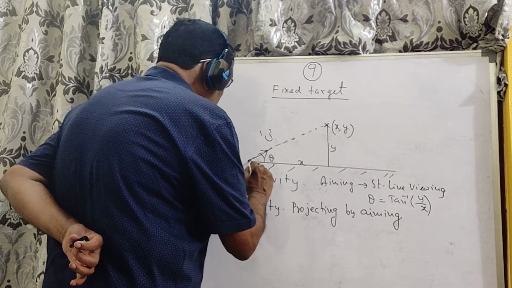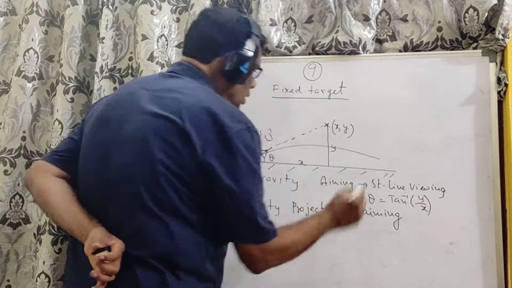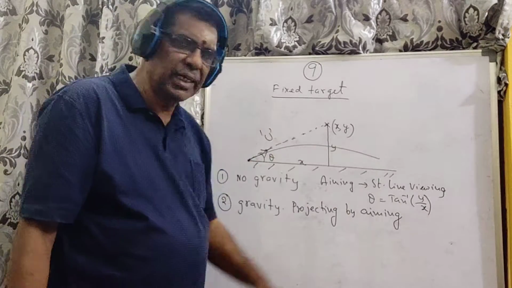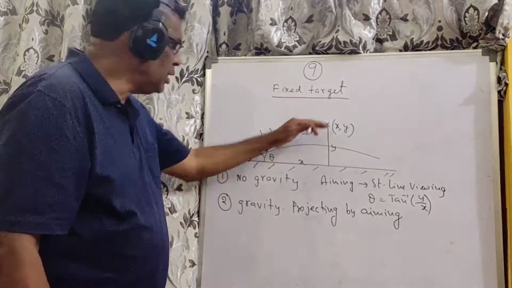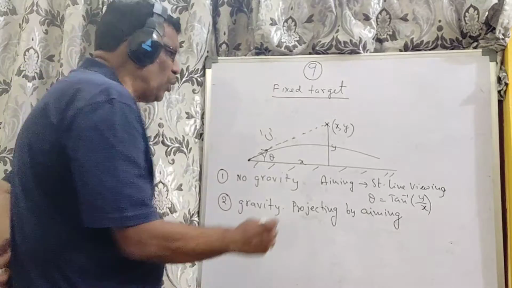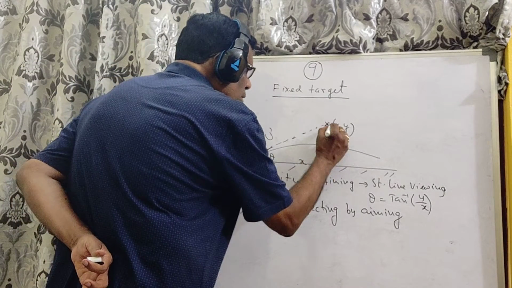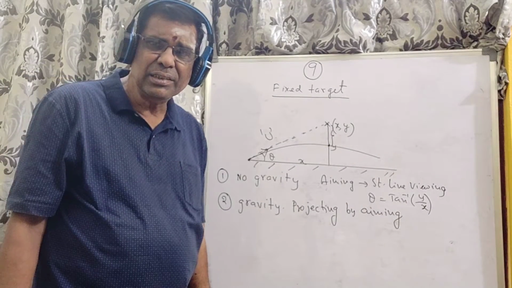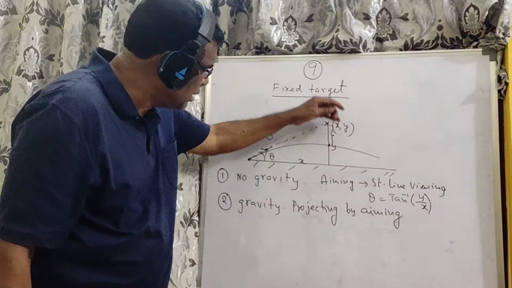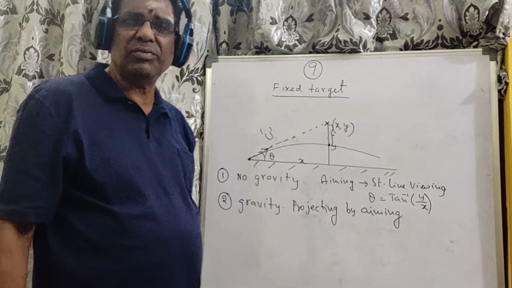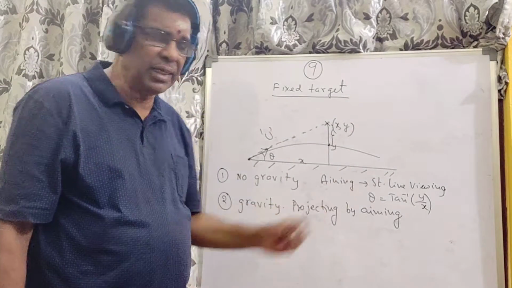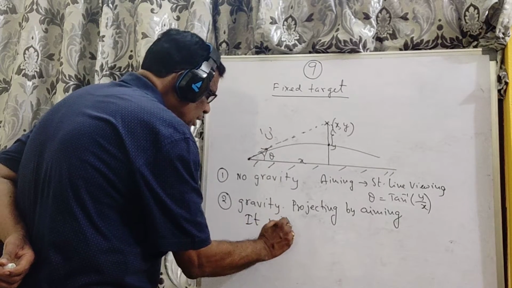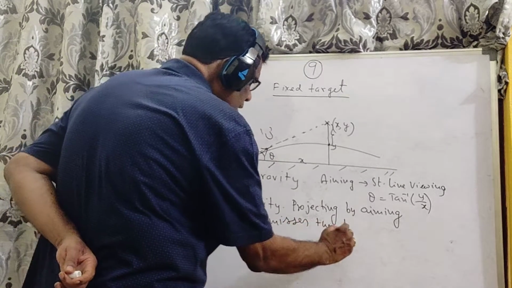You know that we have just learned that the whole thing may go something of this sort. I can't give you the exact picture here. It is definitely below. That means the projectile misses the target by a certain vertical distance. You can very clearly see, so I will write it: it misses the target.